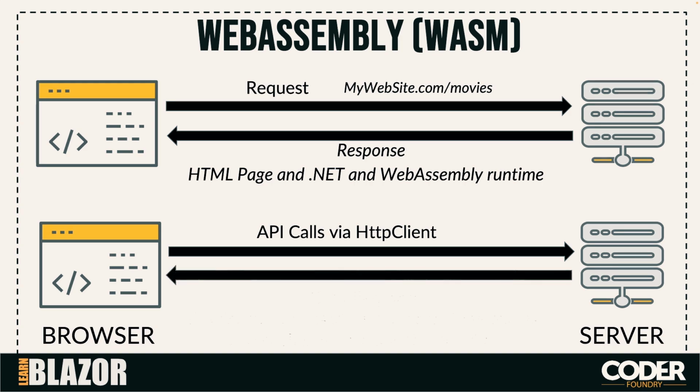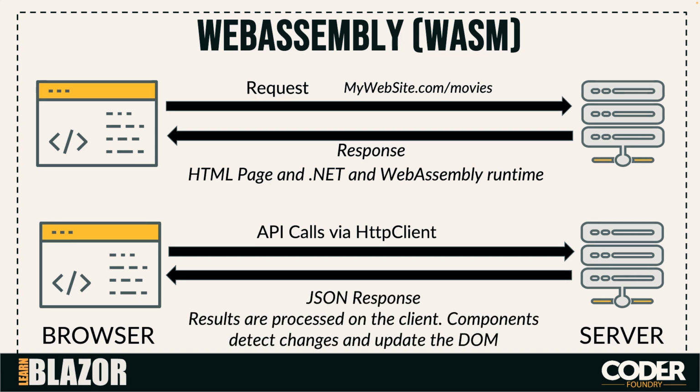And so we get JSON back, and then when those results come back, components detect their changes and they update their own DOM. And so this is where it does change from other frameworks, in that the only thing that happens is that I get a result back. And because that result came back, components will detect their own changes and map them in the DOM.